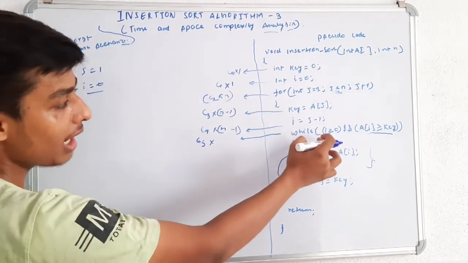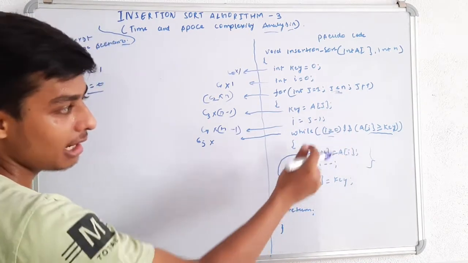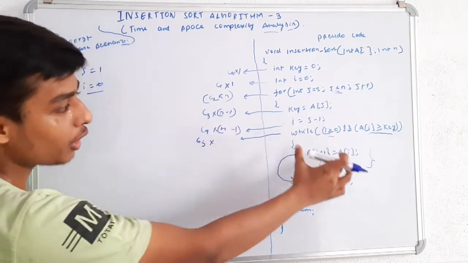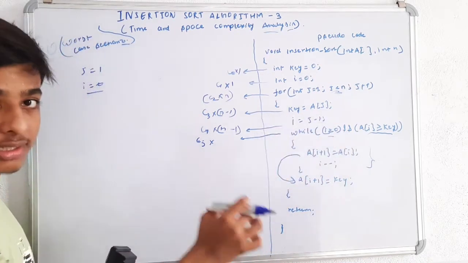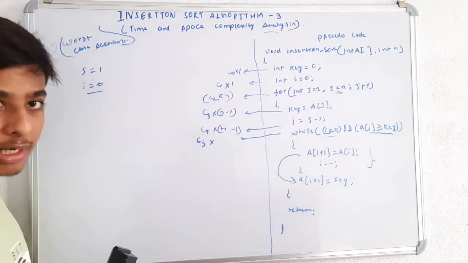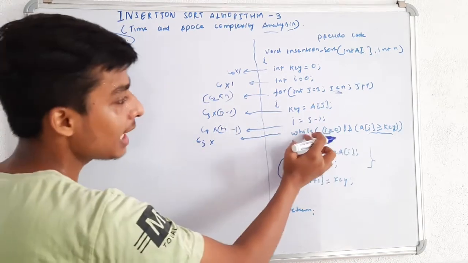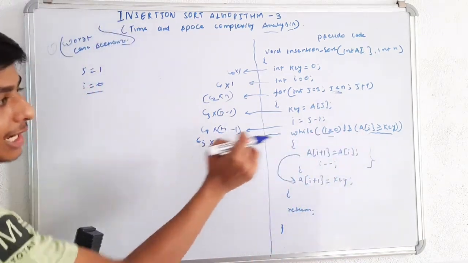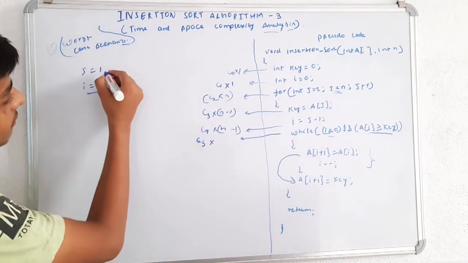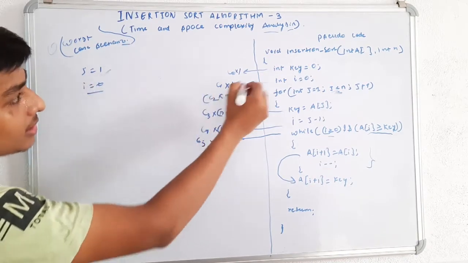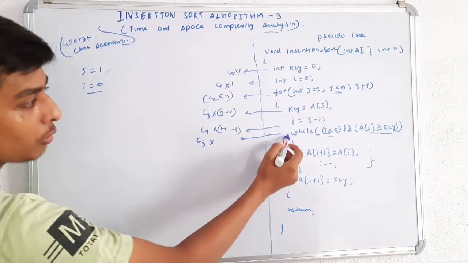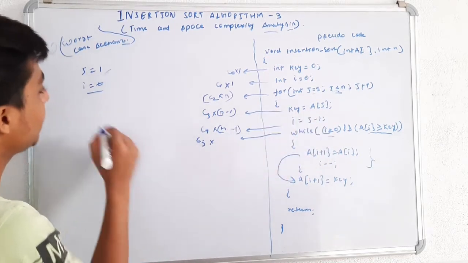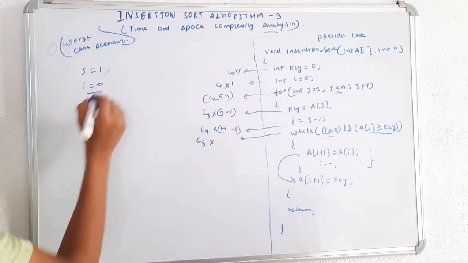That means now you have to depend on this condition. If this condition is true, then you are going to enter inside the while loop, and if this condition is false, then you are going to exit from the while loop. Now let's see how many times this statement will be executed. When the value of j is 1, because it's starting from 1 here, the i value is j minus 1, which is 0 in this case.